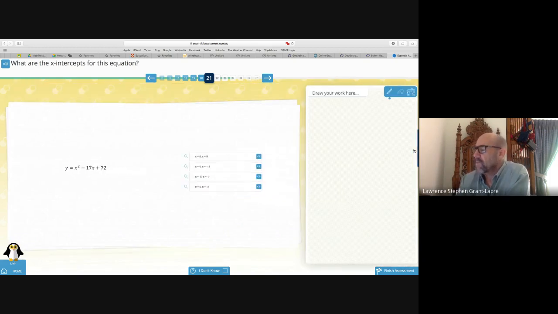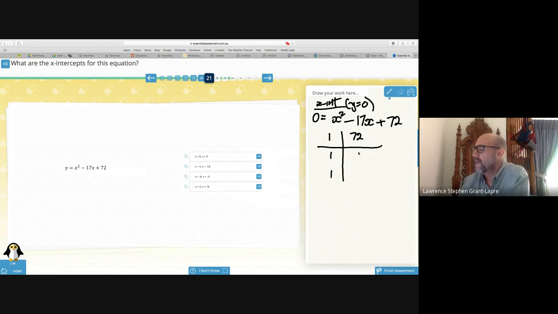What are the x-intercepts? So the x-intercept is that second step where we let y equal 0. So y equals 0, you could use the quadratic formula, or you could factorize. I'm going to factorize: two numbers that multiply to give 72 and add to give negative 17. 1 times 72, 12 times 6, that won't work. 36 times 2, no, we want negative 17. 8 nines are 72.